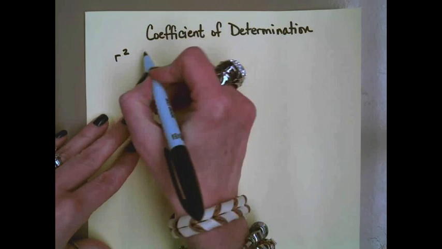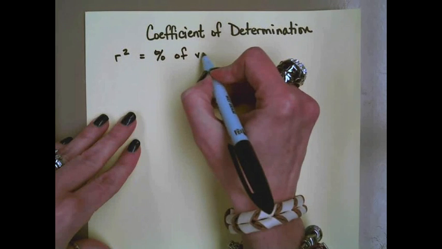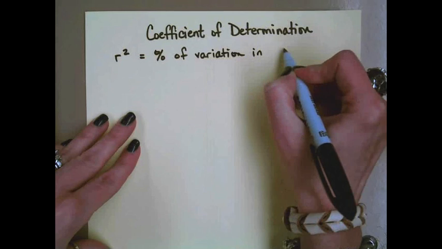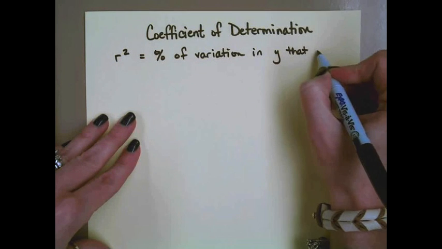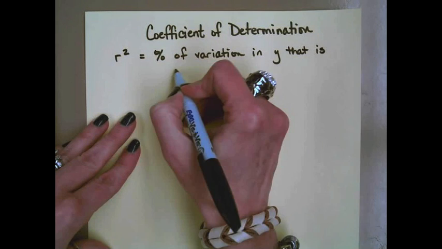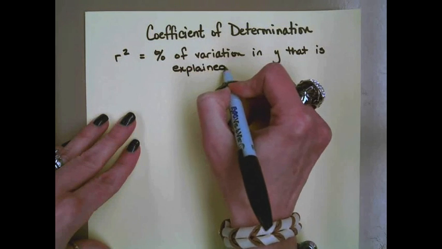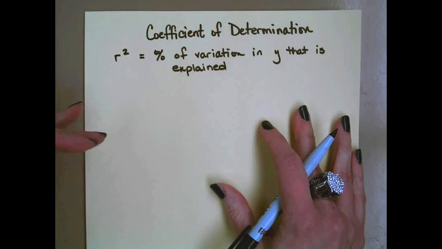And what this will give us is the percent of variation in the response variable that is explained. Basically what we mean by that is the amount of variation in our response variable, or in our y, our output, that we expect to have based on our r value.